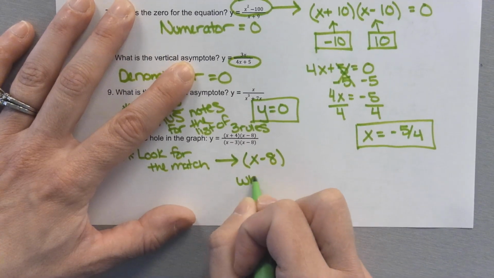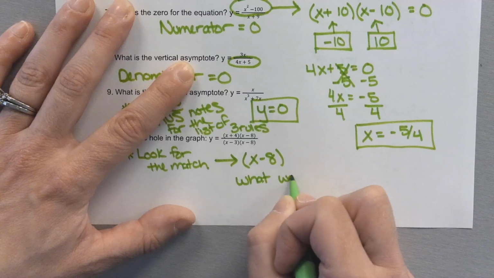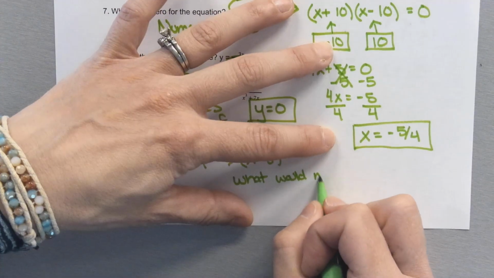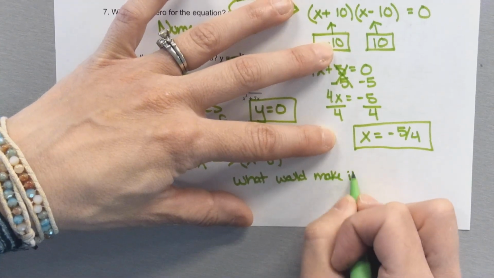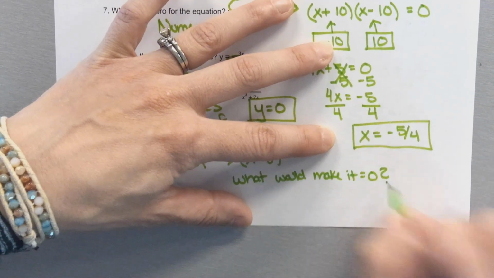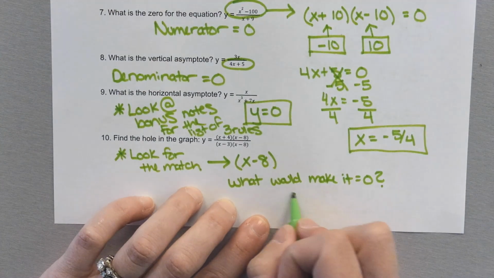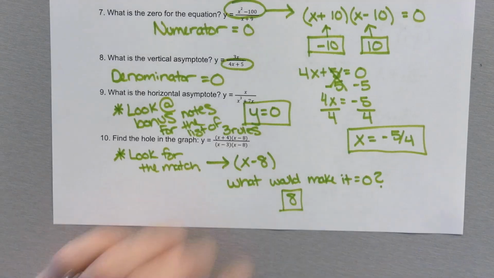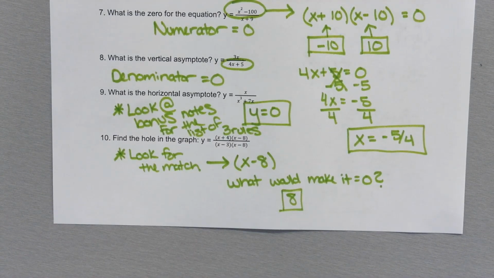And then we think, what would make it 0? Positive 8. And that's going to be our final answer. So that should be kind of your brain thought process. Your brain should tell you for the hole, look for the match. There it is. What would make it 0? A positive 8.